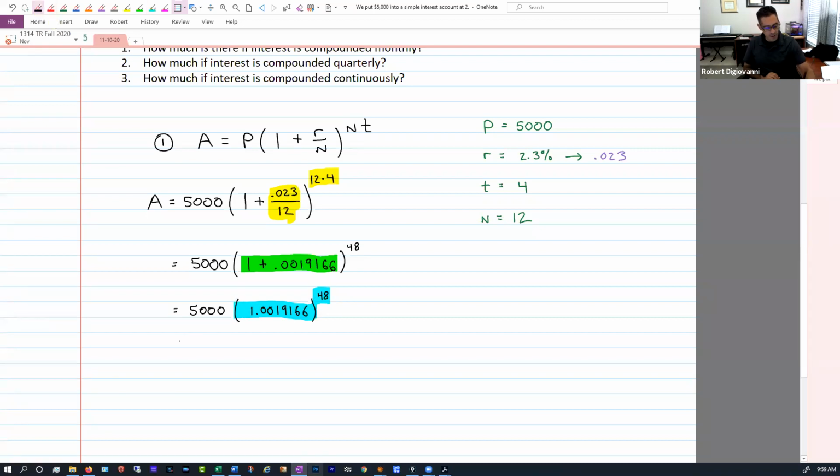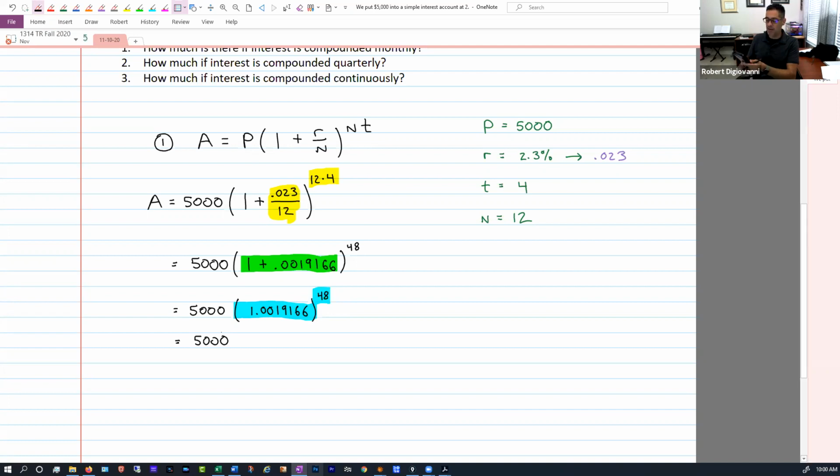And you've got to be able to do that on your calculator. And like I've said before, everybody's going to have a slightly different way of doing this on their calculator. So you need to make sure you know how to take 1.0019166 and raise it to the 48th power.